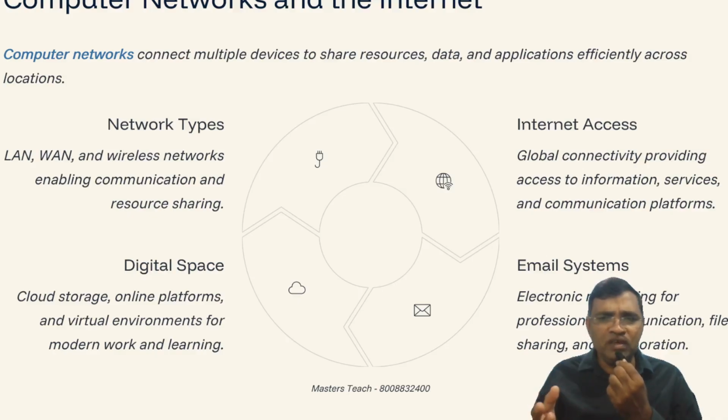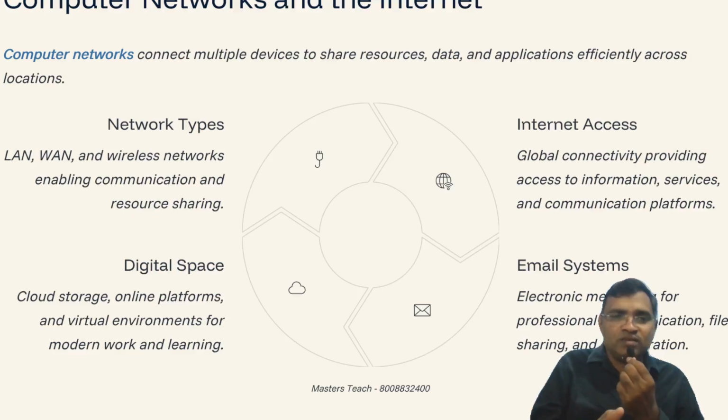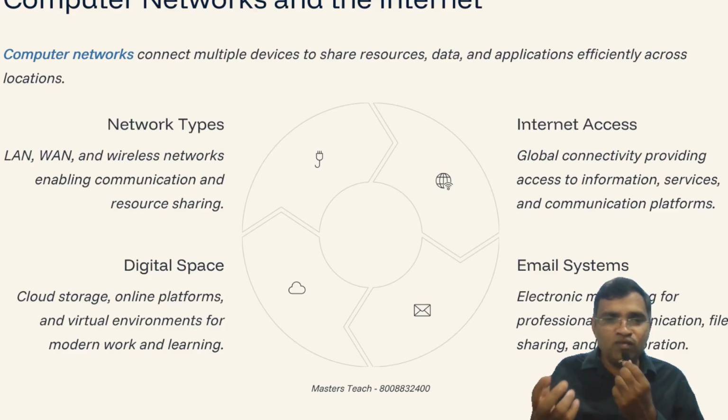The internet, everybody knows, is global connectivity providing access to information, services, and communication platforms. Then it comes to the digital space, where you can store information. That is called cloud storage, online platforms, and virtual environments for modern work and learning. Then email systems. It is electronic messaging for professional communication, file sharing, and collaboration.